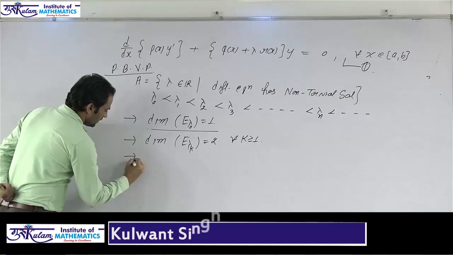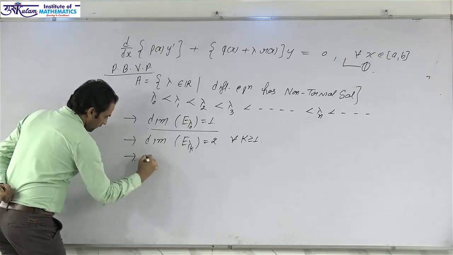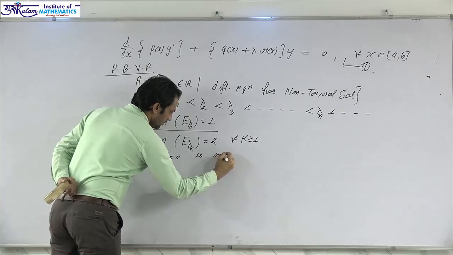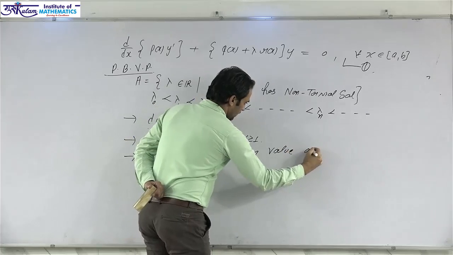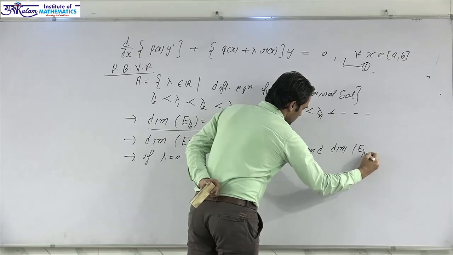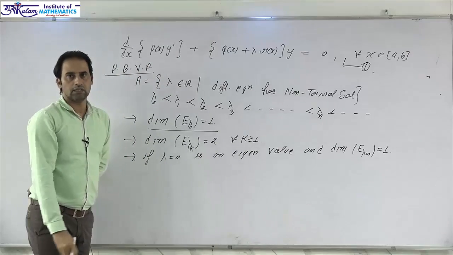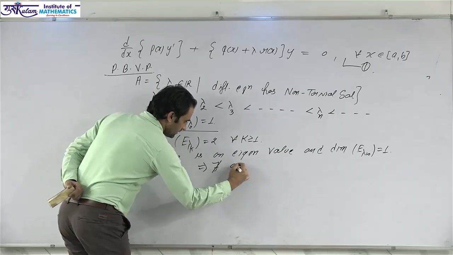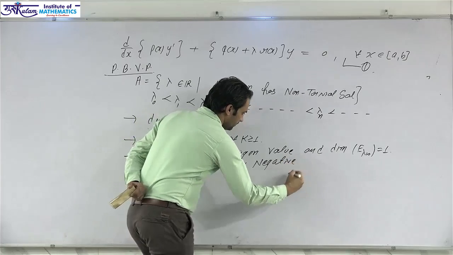So how do we verify whether a negative eigenvalue exists or not for a periodic boundary value problem? If lambda equal to 0 is an eigenvalue and the dimension of E lambda 0 is 1, that is, lambda equal to 0 is the least eigenvalue, this implies there does not exist any negative eigenvalue.